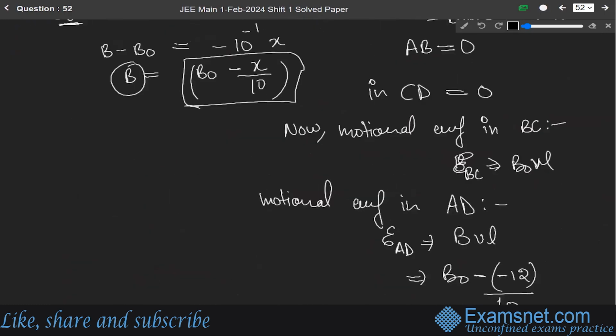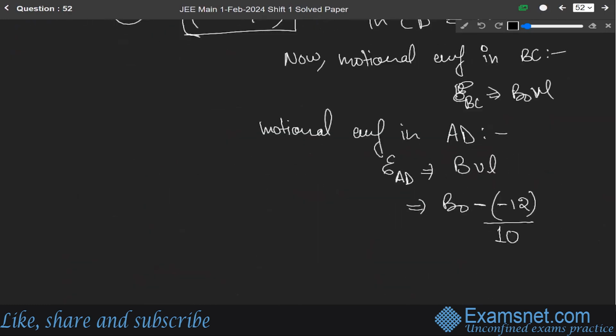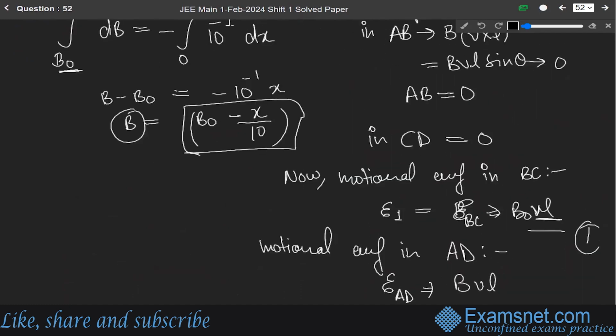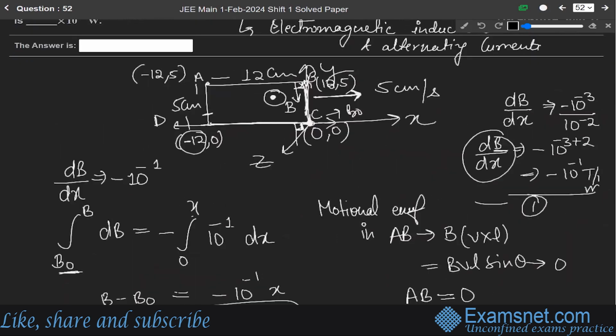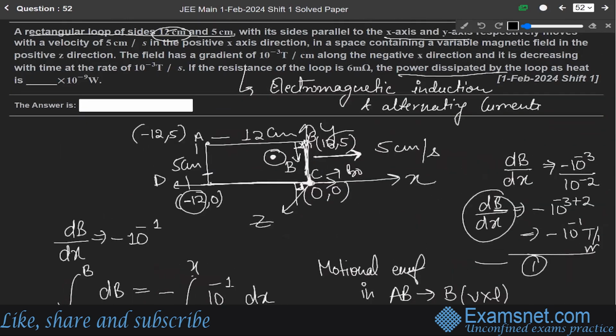So first of all, we will write it as V into L only, because it will be easy for us to solve this. So this is, let us say, E1, and this is, let us say, E2. This is equation 1, this is equation 2. And since it is in centimeter, minus 12 over 10 is in centimeter because the lengths are given in centimeter.